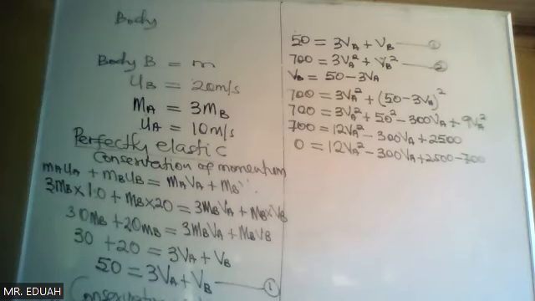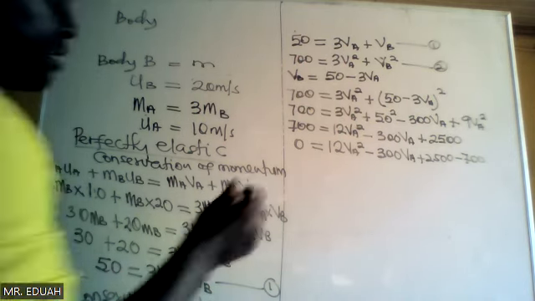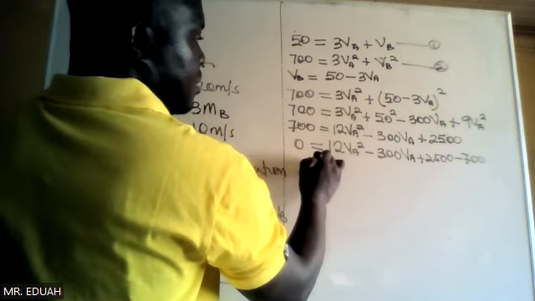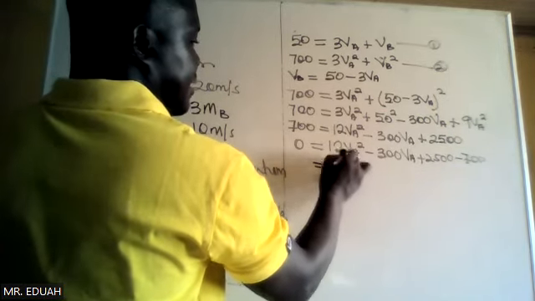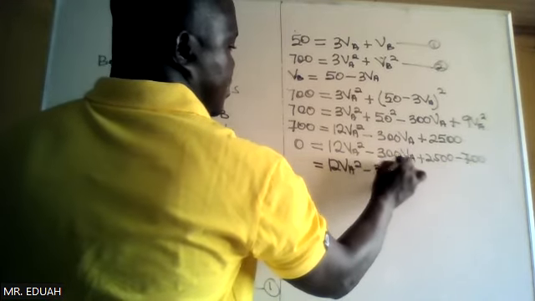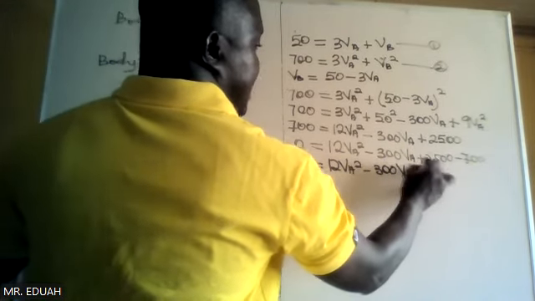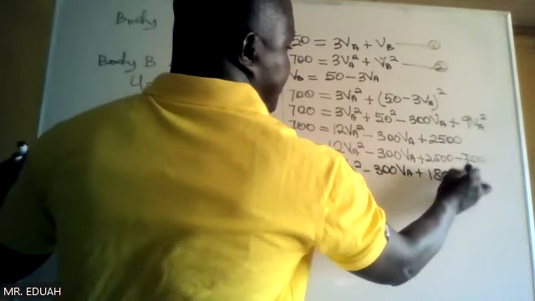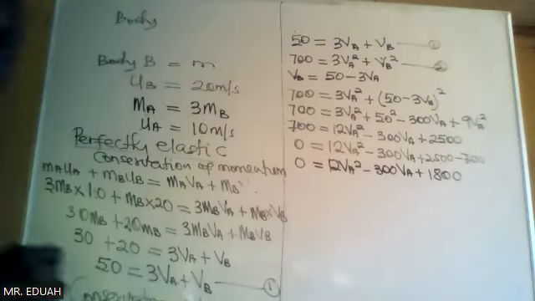And what is 2500 minus 700? 1,800. So plus 1,800. This is equal to 0.